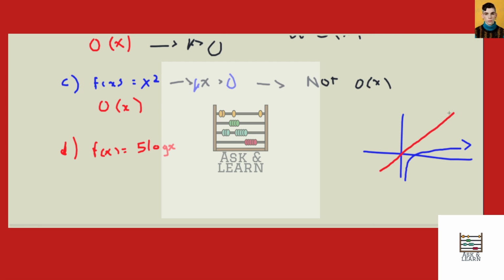One of the important things in big O is that there exists a growth rate somewhere here, and it doesn't matter that at this point the growth rate of the log function is actually greater than the linear, but just asymptotically, as we approach infinity, the growth rate of this function is less than the growth rate of a linear function. Therefore, we can say this is O of x.